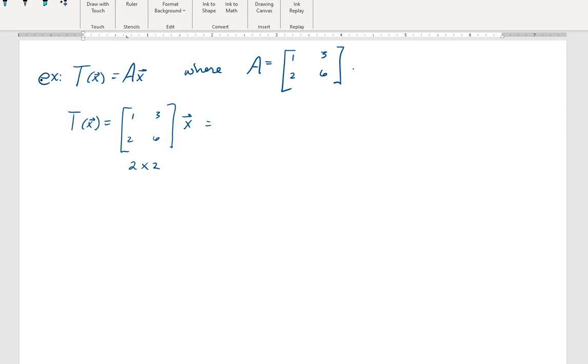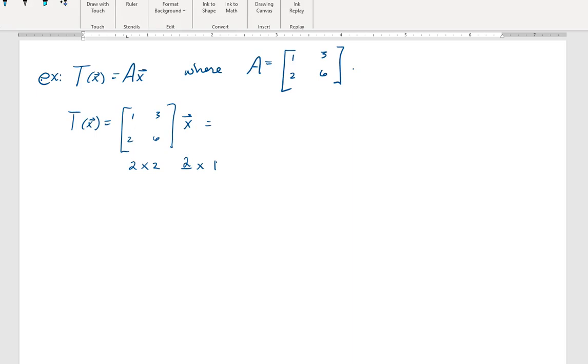What must x be? Well, it's a vector, so something by 1. It's got to be 2 by 1, right? We can't multiply 2 by 2 times a 3 by something. The inner dimensions don't match.